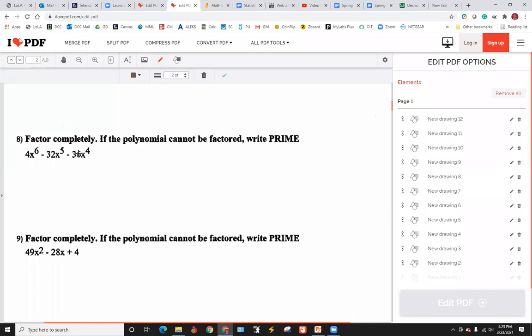Let's see. So this has got an x to the 4th. Smallest power of x. And all these have a 4 in common. So this is x squared minus 8x minus 9. And you know what? That's factorable in there. Because that's the same one we factored earlier in another problem.